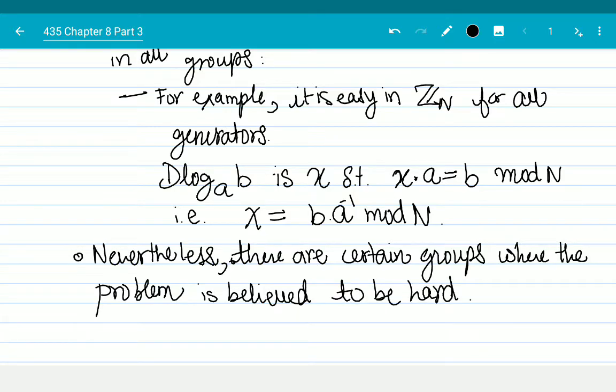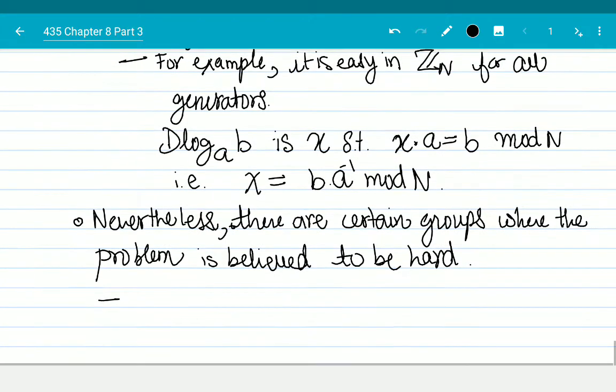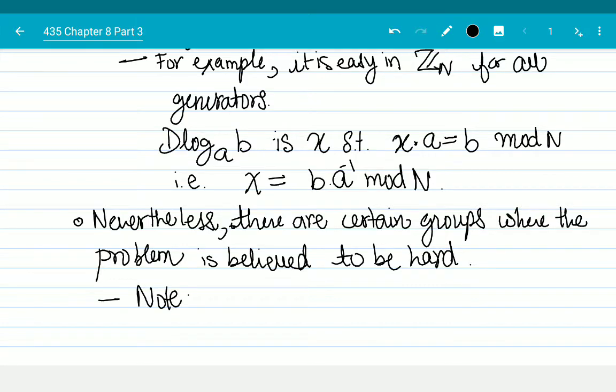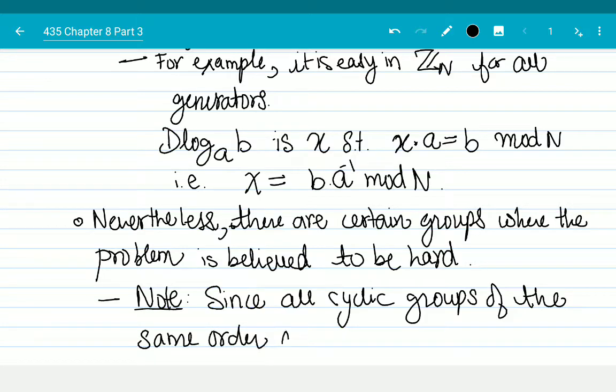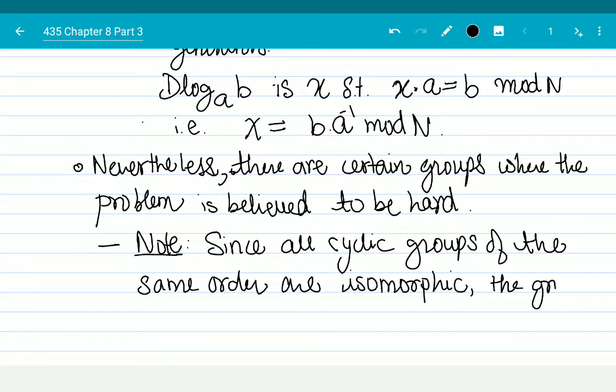Note, since all cyclic groups of the same order are isomorphic, the group representation matters.